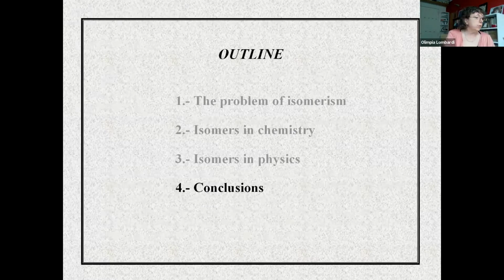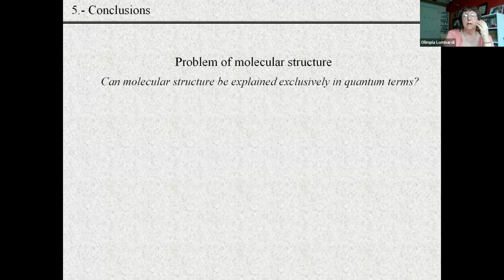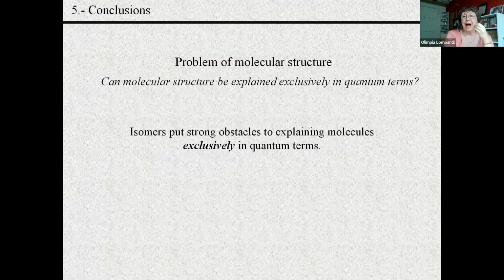Conclusions. The conclusion is very simple: if we have the problem of molecular structure, the isomers put really strong obstacles to explaining molecules exclusively in quantum terms.